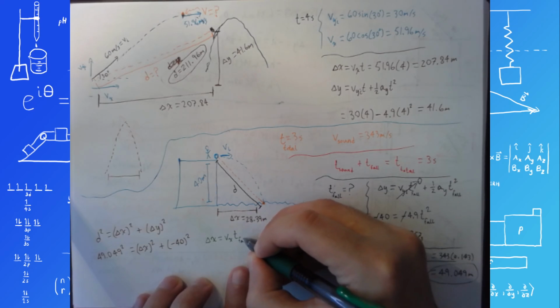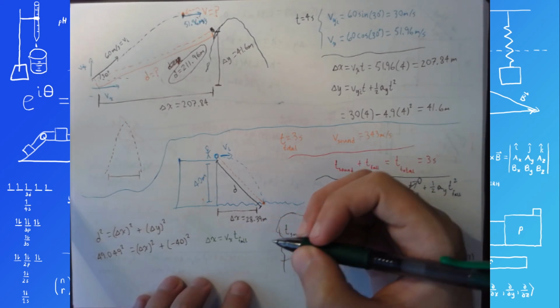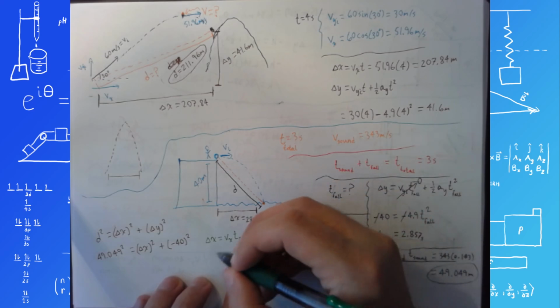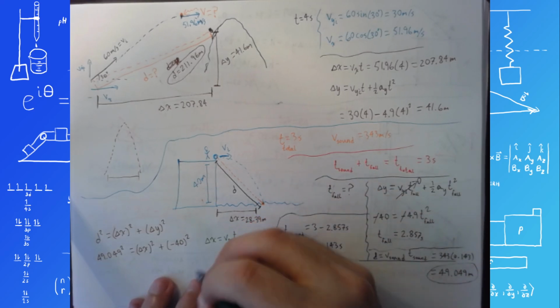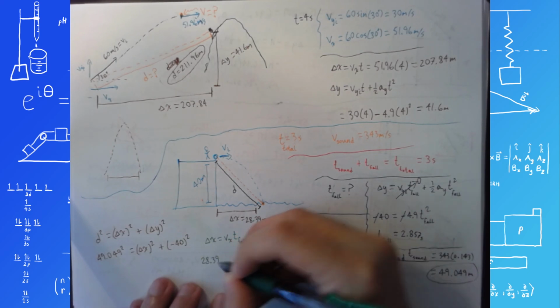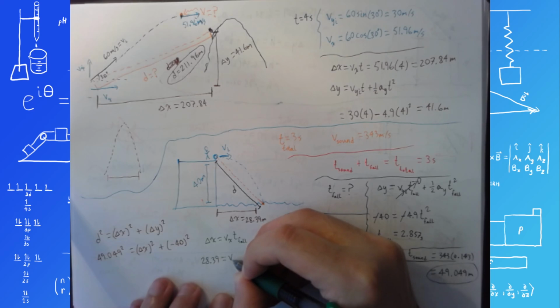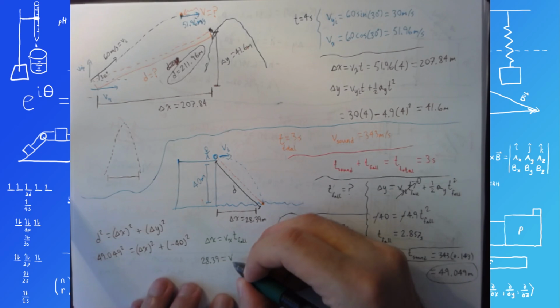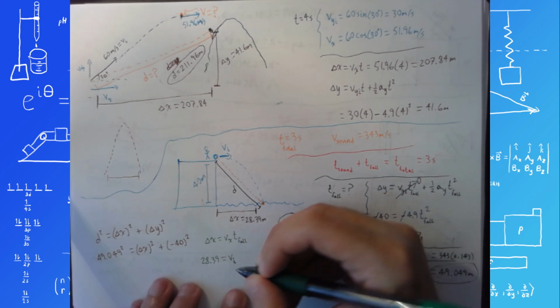The time it took to fall 40 meters vertically is also the time it took to travel 28.39 meters horizontally. So that's 28.39 equals, well, Vx is just going to be all of V initial. It's V initial times cosine of 0, which is just V initial since cosine of 0 is 1. So I'm going to rewrite Vx as just V initial.